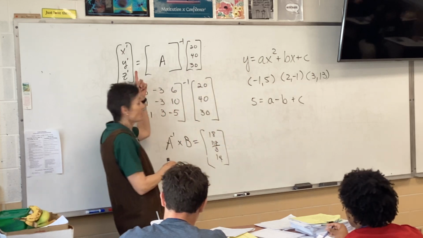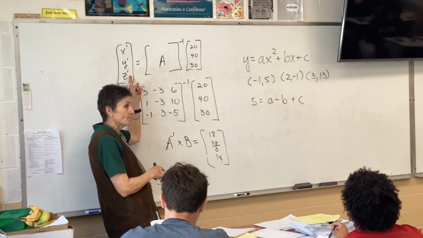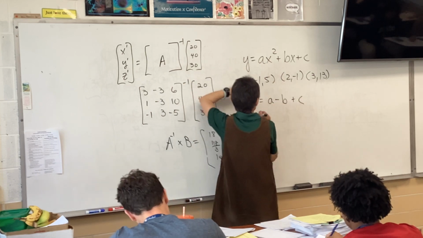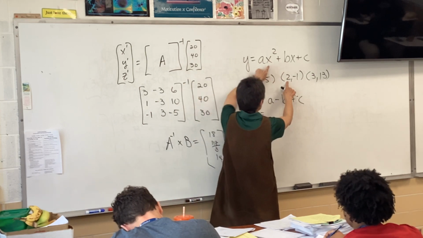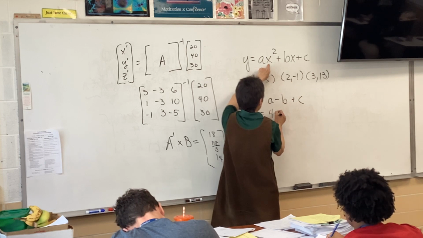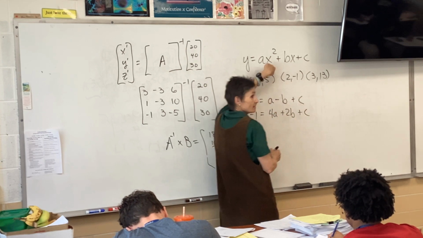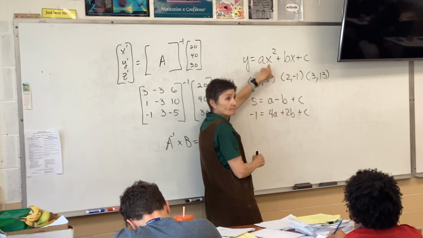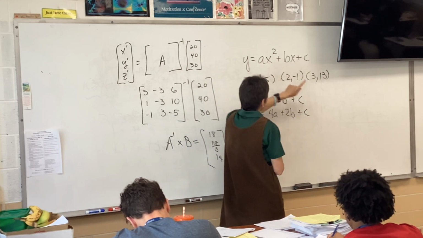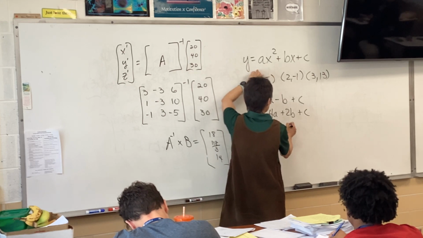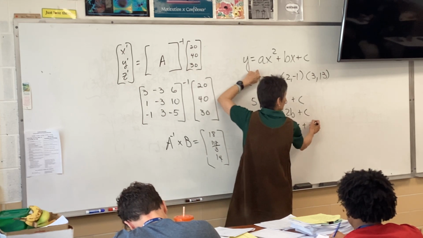I'm going to get 3 equations, and it's going to look just like this. Right? What's my second equation? Now I'm putting in 2. So that's going to be 4a plus 2b plus c. And then 13 equals 9a plus 3b plus c.